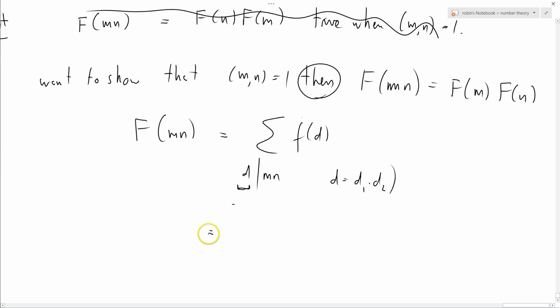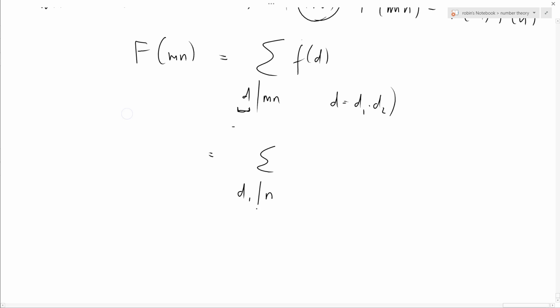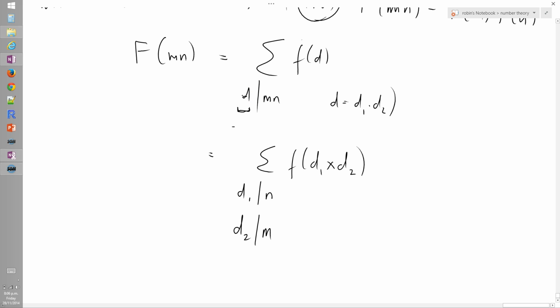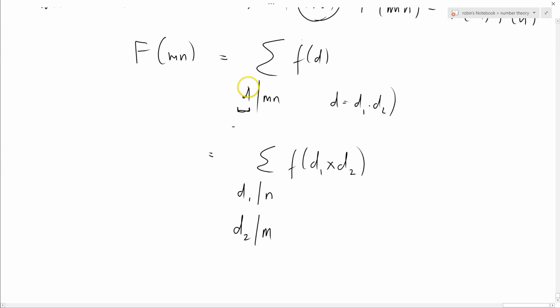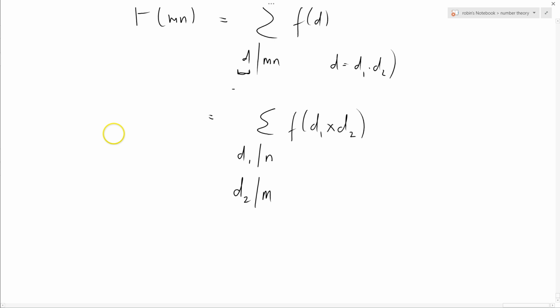So this thing here equals the sum over d1 divides n and d2 divides m of little f of d1 times d2. So we've split apart this d here into two bits. d1 dividing n. Oh, I've got it the wrong way around. Never mind. Okay, well, let's have a think about this.